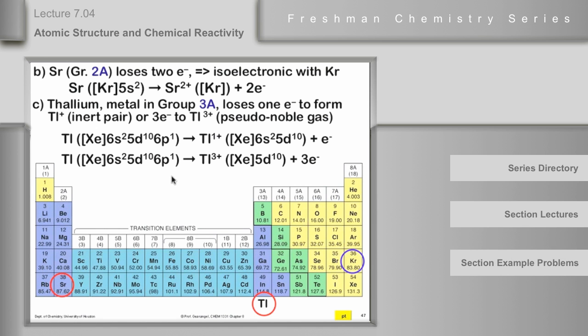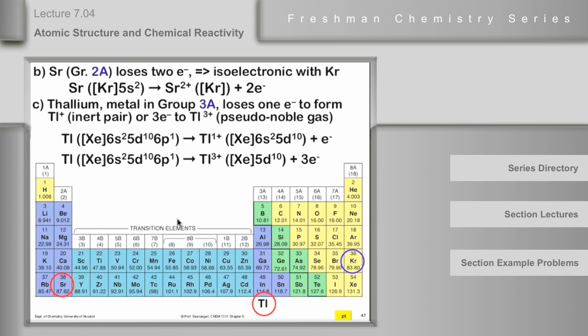Now I want to talk a little bit more about the transition elements, because we mentioned before that their ions are pretty much unpredictable. The generalizations that you can make about these elements are that most of them have a +2 state and a +3 state, and some of them have some additional states.